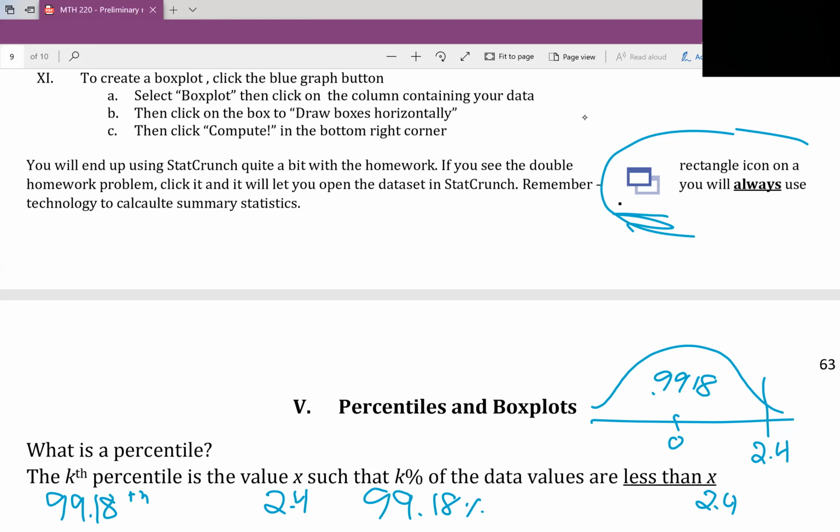I know that definition feels a little wordy with all the k's and the x's, but that's how it would apply to actual percentiles.